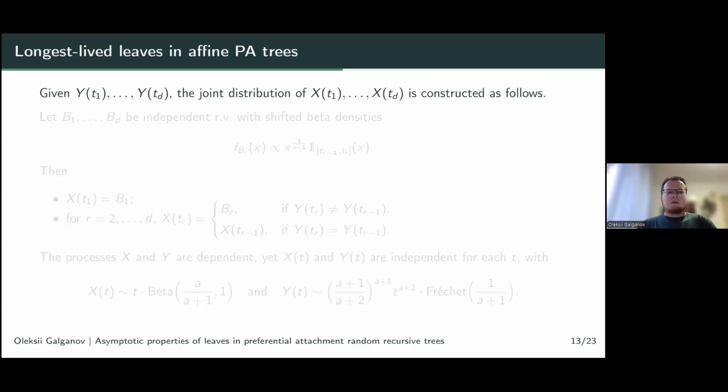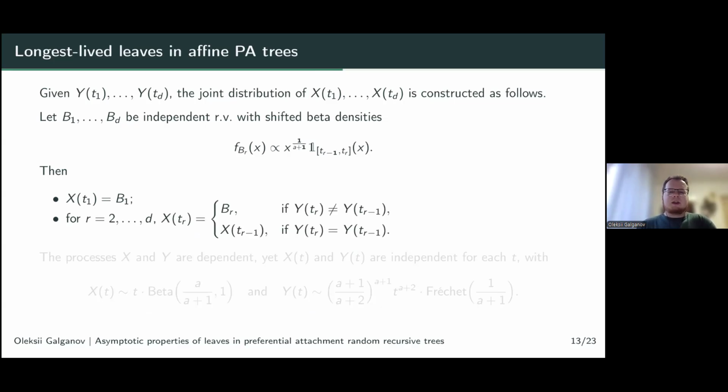Now, given the distribution of these d values of the second coordinate, the joint distribution of the values of the first coordinate is constructed as follows. The first would be just a shifted beta random variable. And all the subsequent ones, again, are either a new beta random variable or the old one, in case the corresponding second coordinates are the same.